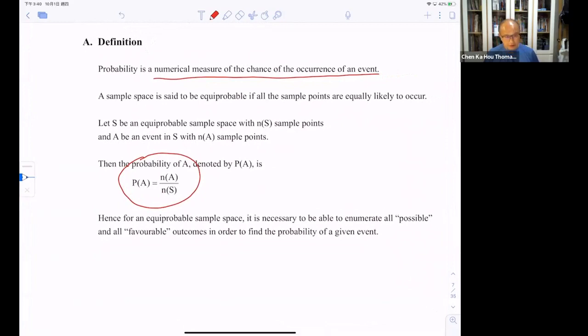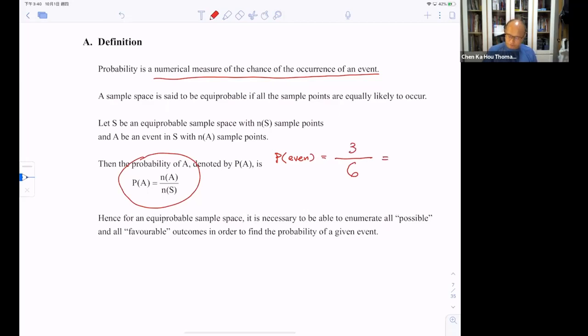A is an event. Actually, probability is a ratio between the number of outcomes of a particular event over the sample space. So the probability you get an even number when you roll a die: first there are 6 outcomes, 1 to 6, and there are 3 even numbers, 2, 4, 6.